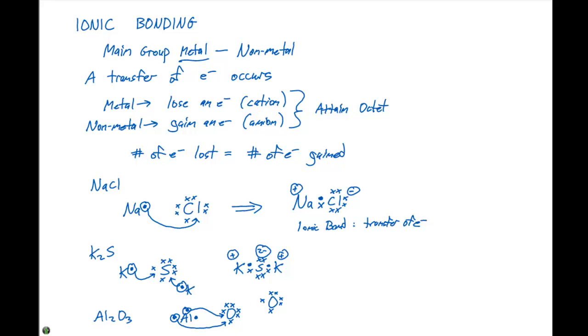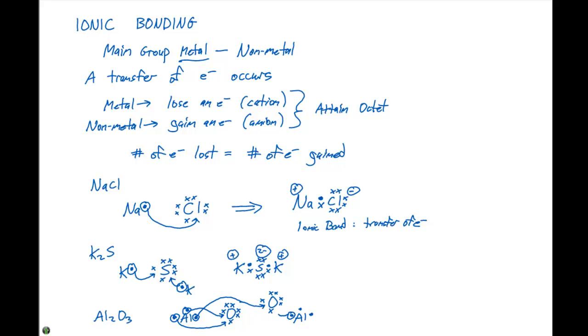So this leftover electron from aluminum can fill in over here, but now we only have 7 electrons around the oxygen, so we need another aluminum.